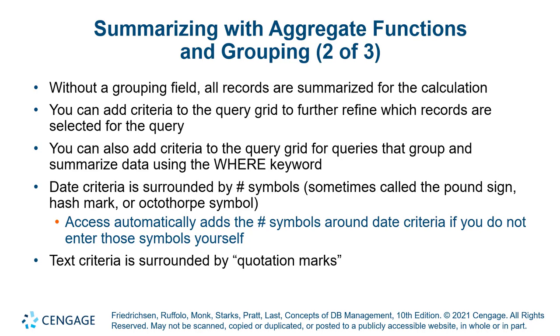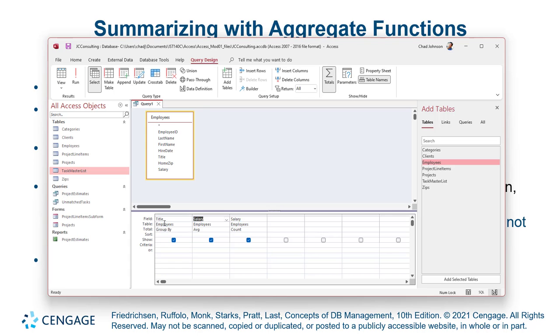There are three main components to writing a SQL statement: SELECT, FROM, and WHERE. WHERE is where you set up your condition, right? So if you want to return only the records of an employee whose salary is over 60K, you can use that keyword WHERE to create that condition. So let's take a look at how that looks in Access.